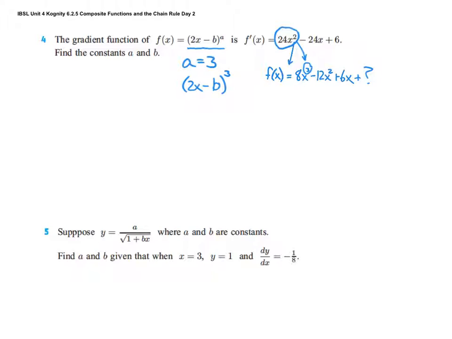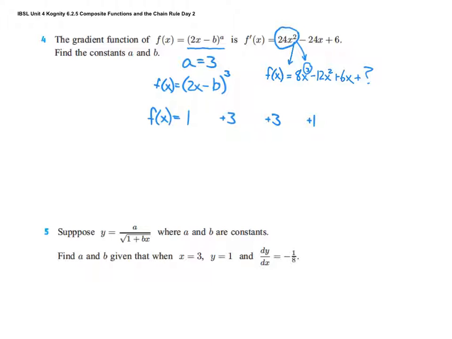Okay? So yeah, really good. Now we know a, and since we know a, we can actually expand this out. Okay? Now you can actually do the foiling, or hopefully you remember how to do a binomial expansion. We've got 1, 3, 3, 1. Those are our binomial coefficients from Pascal's triangle.